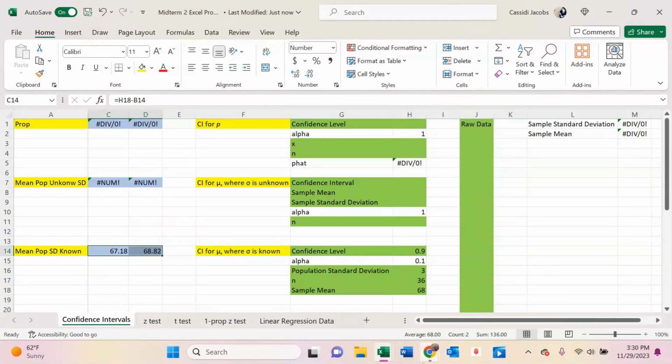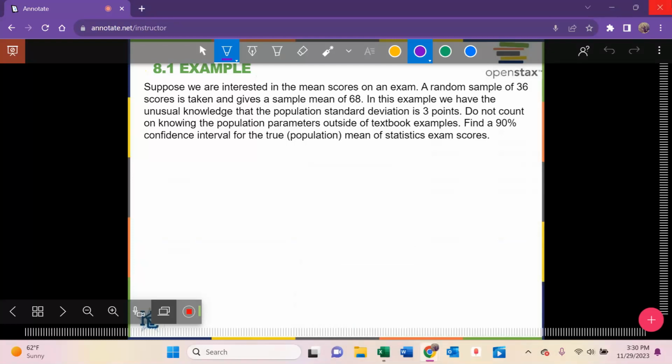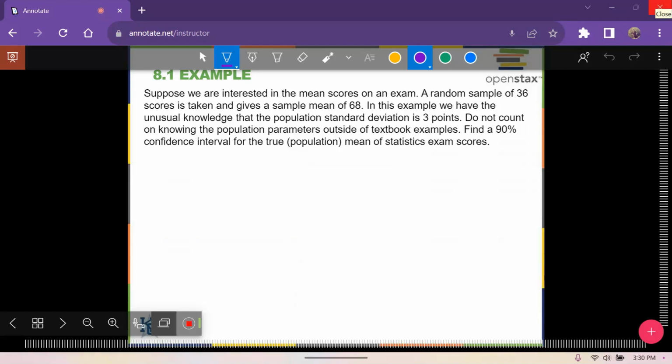Now we can write that solution a couple of different ways, and you'll enter it into your homework a couple of different ways. The first way is just as an interval.